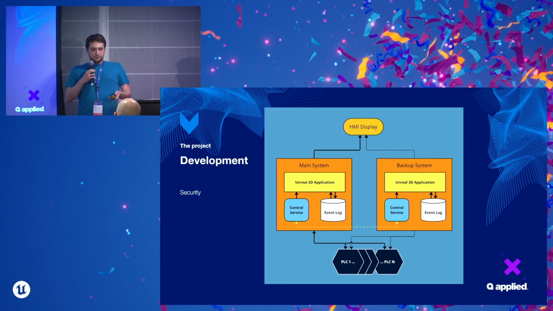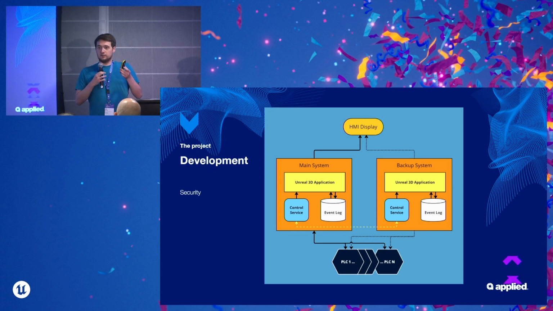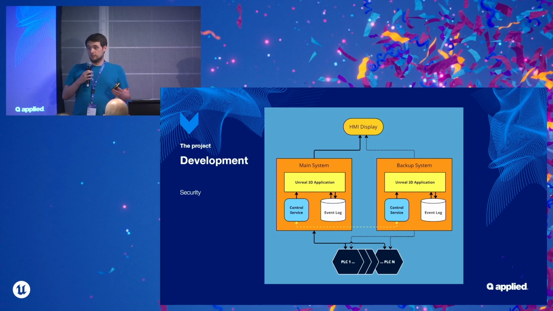To ensure that our application will still run even in a case of computer malfunction, we have two computers on board. One which is always the main system, and the other which is a backup system.